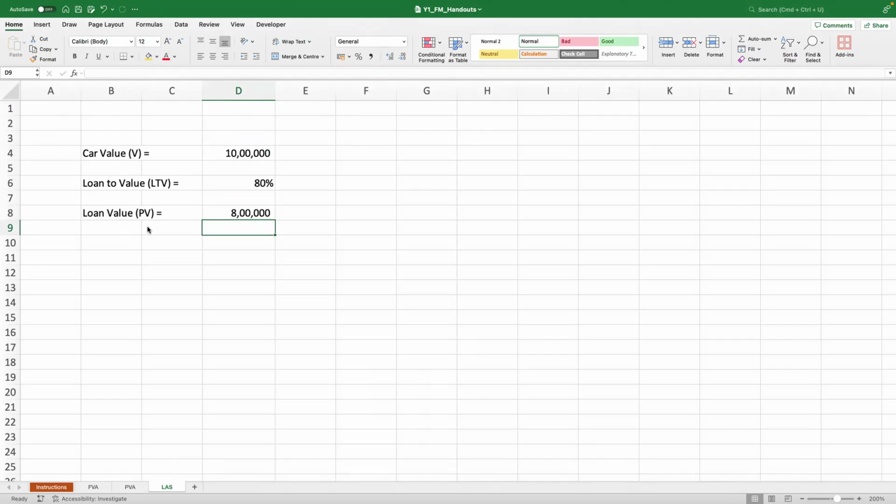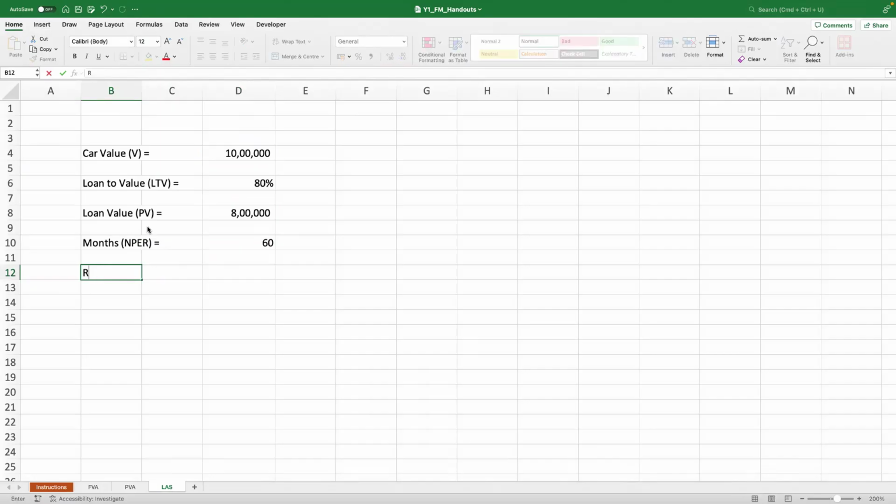ठीक है ना? And this is repayable over how many years? 5 years. So 5 years would mean 12 months a year into 5 years, that's 60 months.